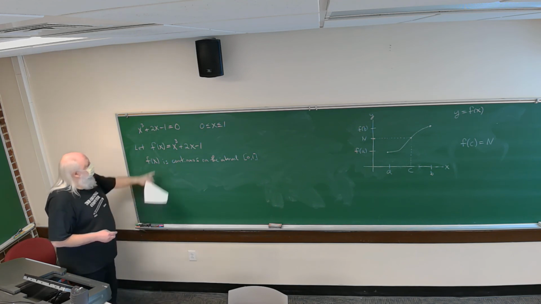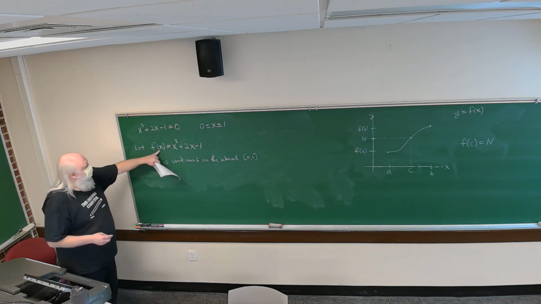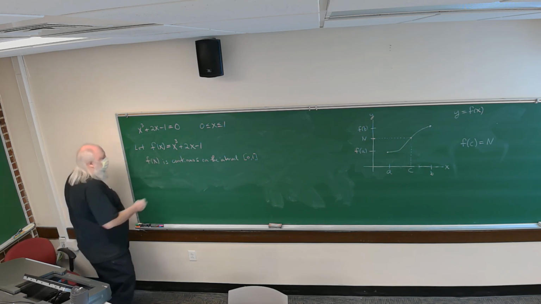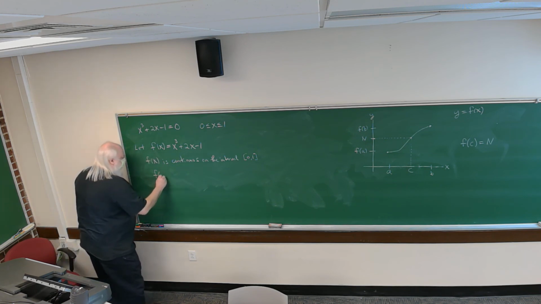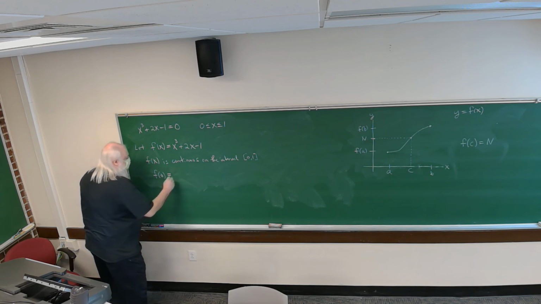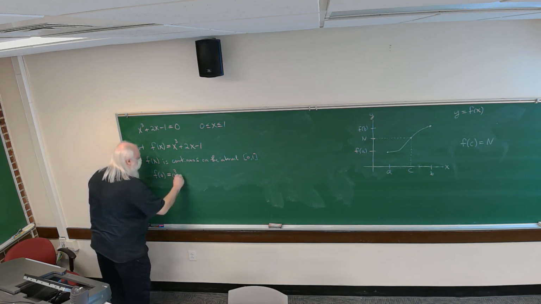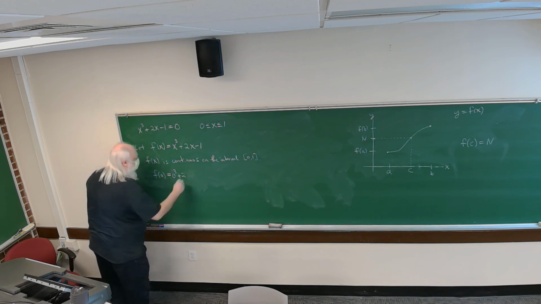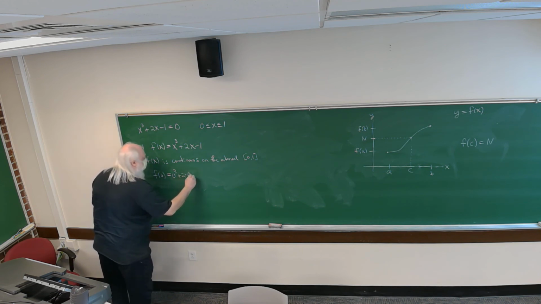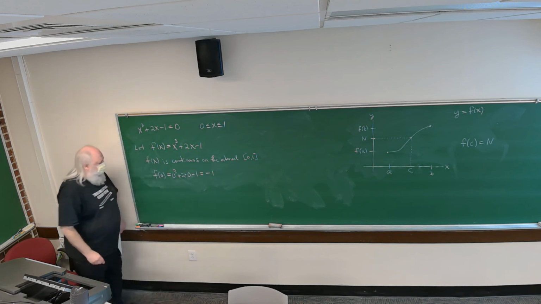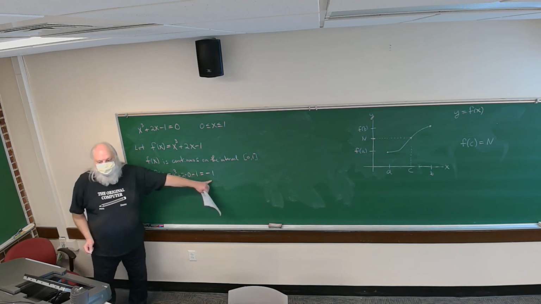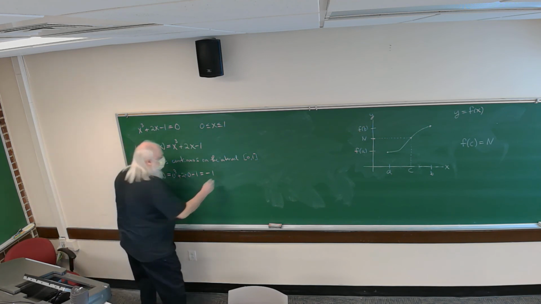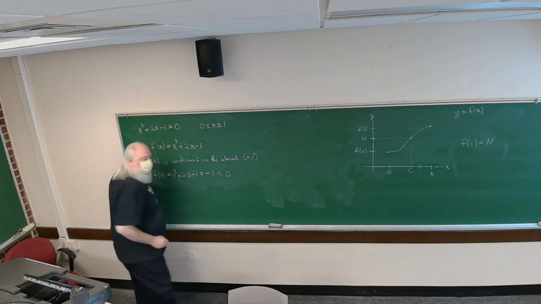Let's calculate the value of the function at x equals 0 on the left end of the interval. f of 0 is equal to 0 cubed plus 2 times 0 minus 1, which is equal to negative 1. So f of 0 is negative 1, which is less than 0.